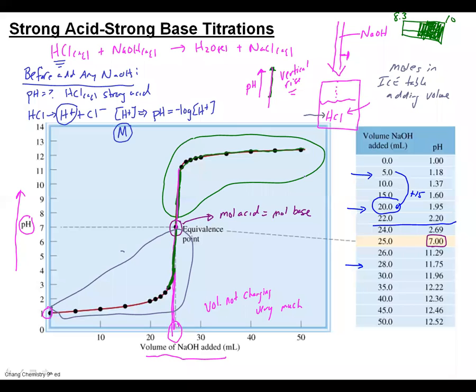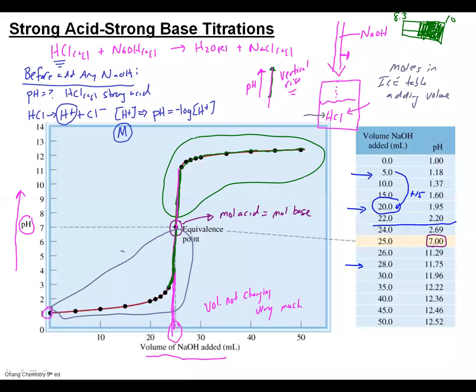Before the equivalence point, you could think of the HCl in this case as the excess reagent, and the sodium hydroxide as the limiting reagent. When we add that sodium hydroxide, all the way up until the equivalence point, it will get used up as it's limiting. So it requires one ice table done in moles.